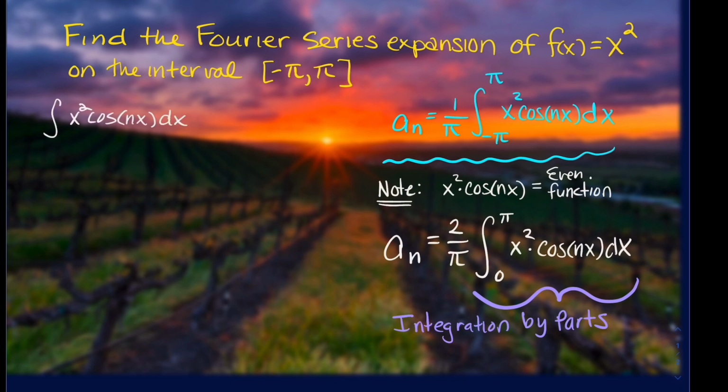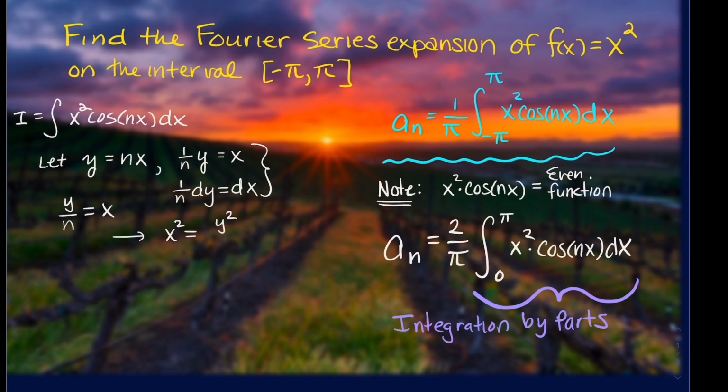So for the integral of x squared cosine nx dx, we're going to set it up by first making a clever substitution. We're going to let y equal nx, and therefore 1 over n dy is equal to dx.